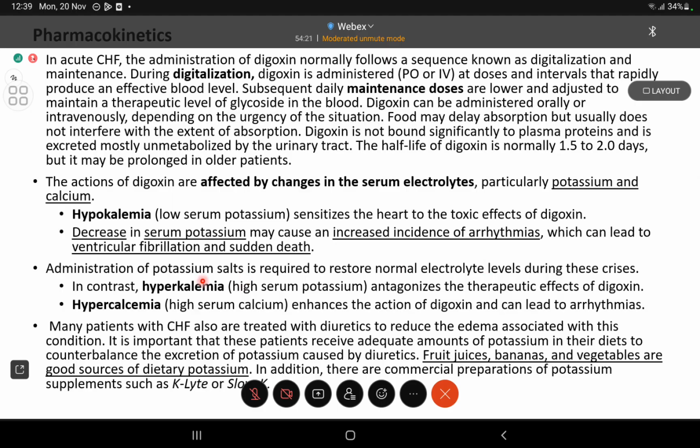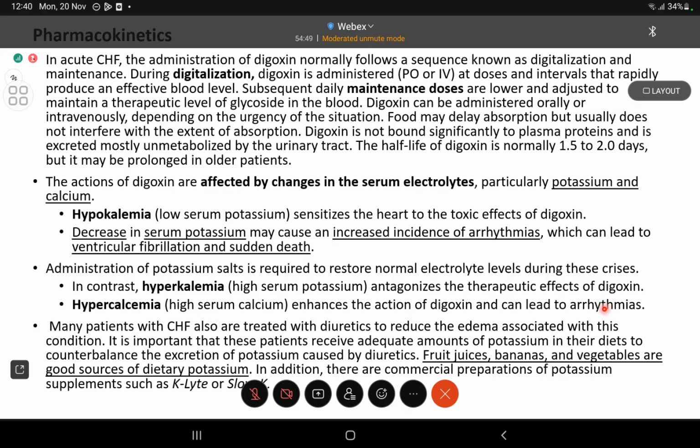If you use a diuretic which may cause hyperkalemia, then you will antagonize the digoxin effect. It means you are not introducing toxicity, but you decrease the activity of digoxin. Okay, sometimes hypercalcemia may enhance the toxicity, or digoxin may lead to arrhythmia as well.